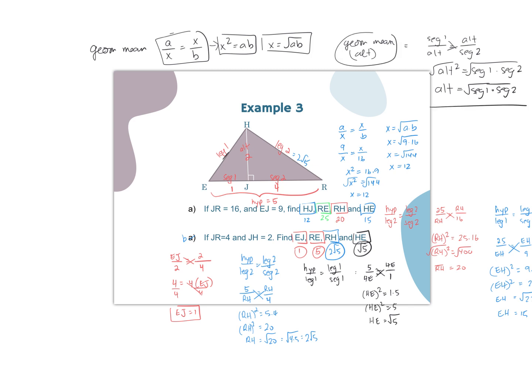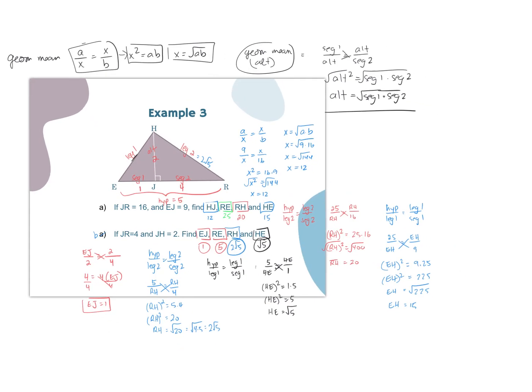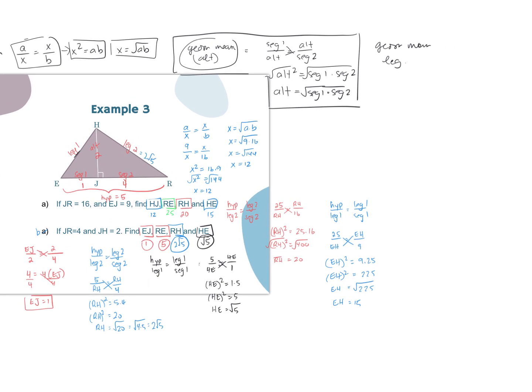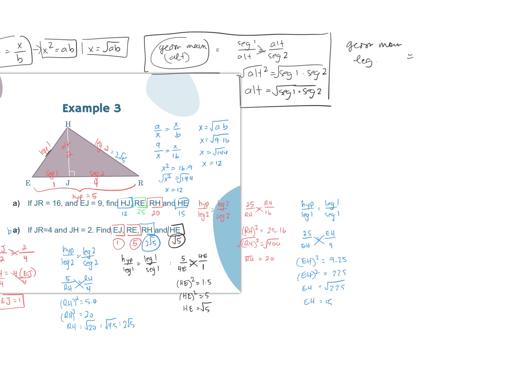I kind of did them all as proportions, but you don't have to do that, right? And if I was using the geometric mean with the leg theorem, then how that works is, first as a proportion, I could do hypotenuse over leg 1 equals leg 1 over segment 1, because that's for one leg.